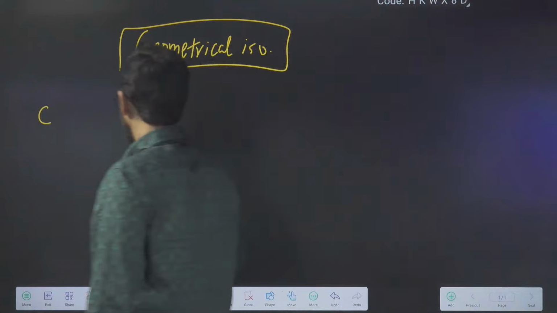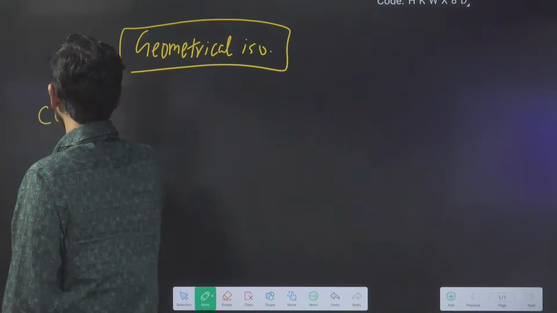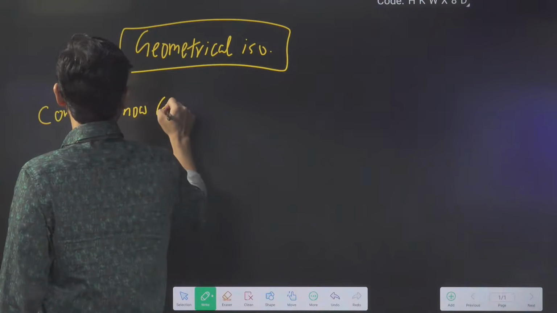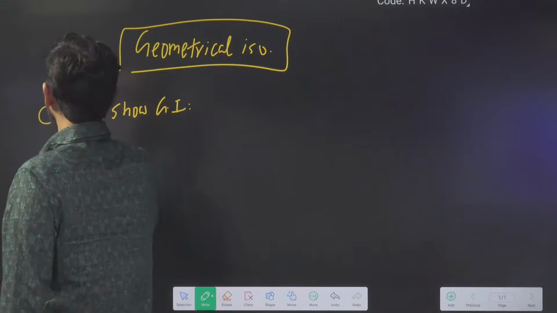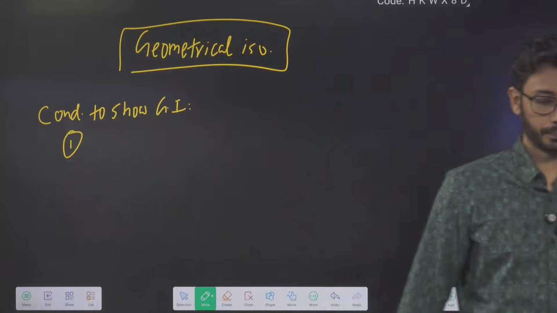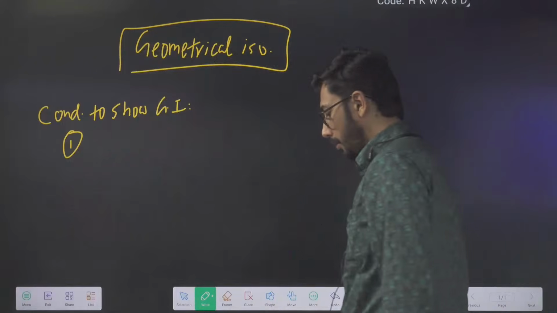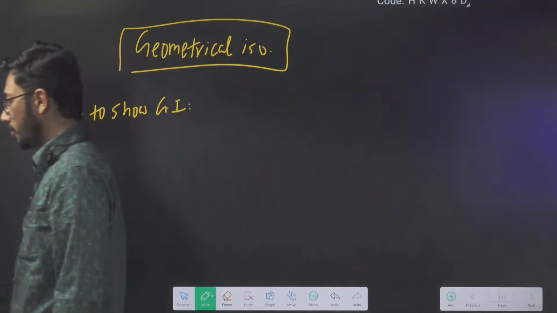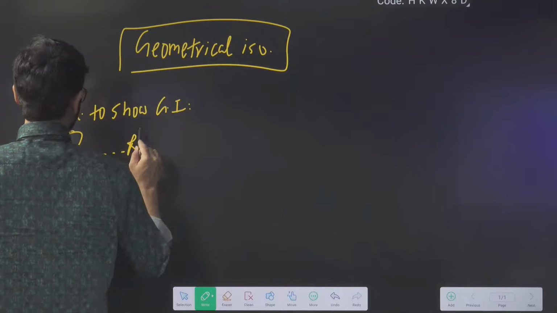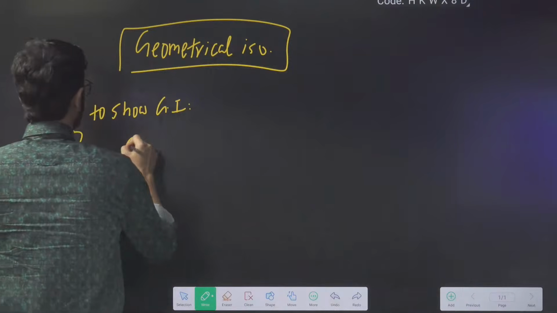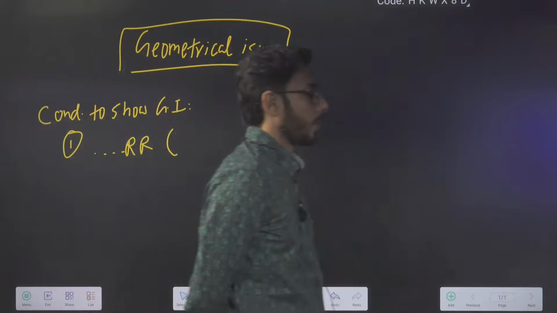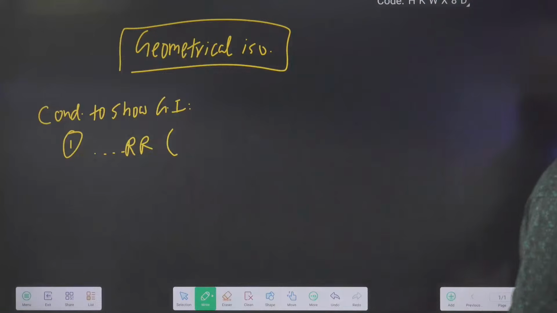So write down the conditions to show geometrical isomerism. First, there must be restricted rotation.